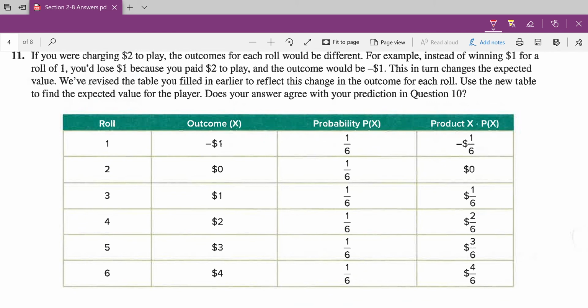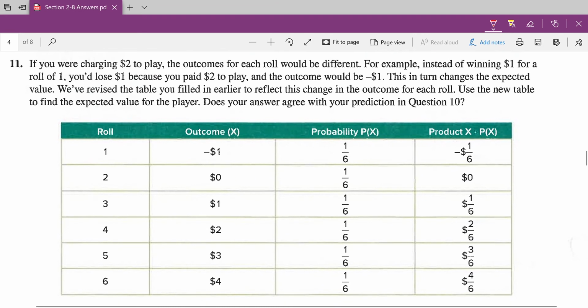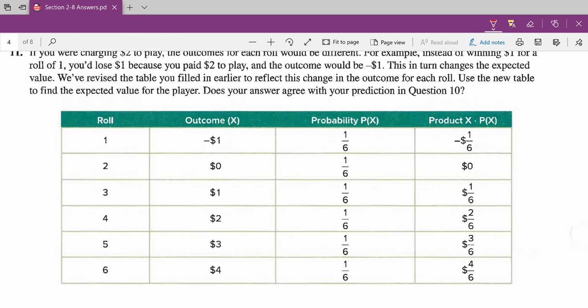If I am charging $2 to play, it's going to change the expected winnings for the person playing. So if I roll a 1 but I paid $2, I'm actually losing $1. If I rolled a 2 but I paid $2 to play, I break even. If I rolled a 3 but I paid $2 to play, I'm earning 3 minus 2, or $1.